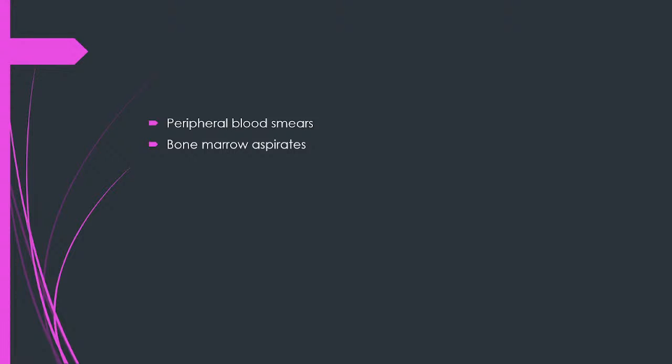For instance, if a bone marrow preparation is created by a medical technologist, he or she needs to look at the smear, correct? The smear should be correctly stained, and the cellularity well distributed.